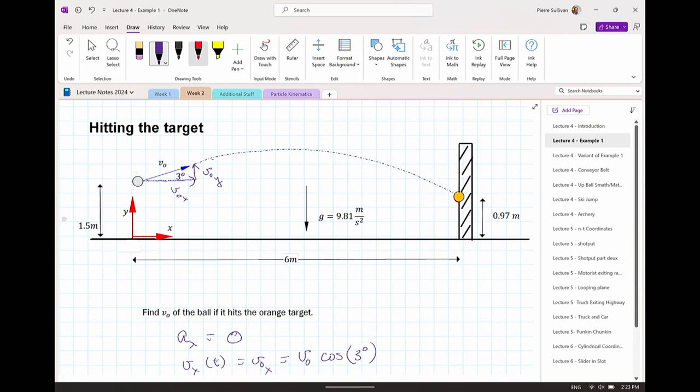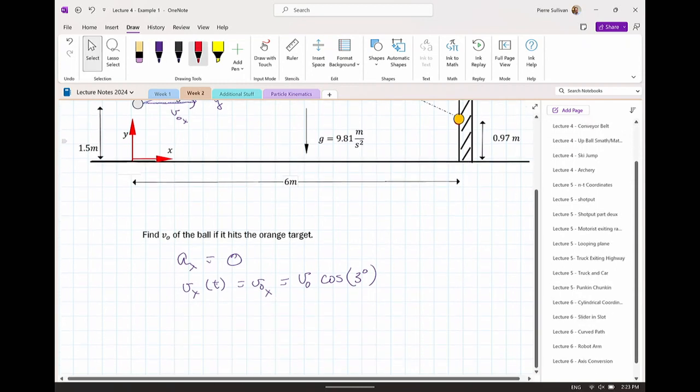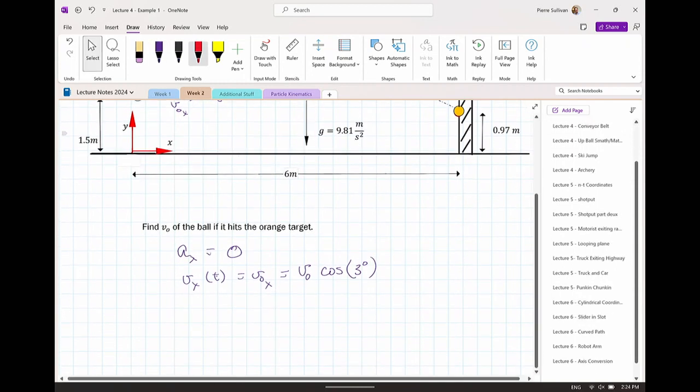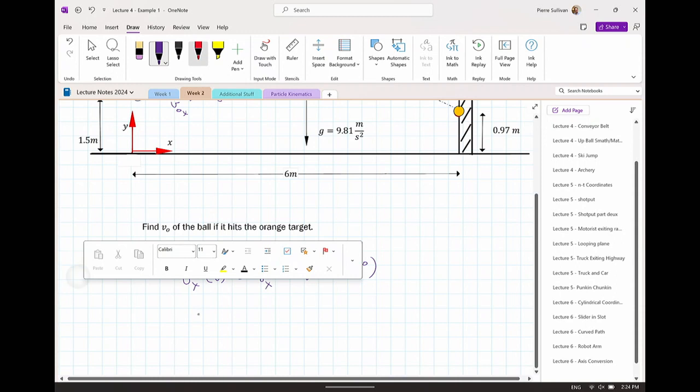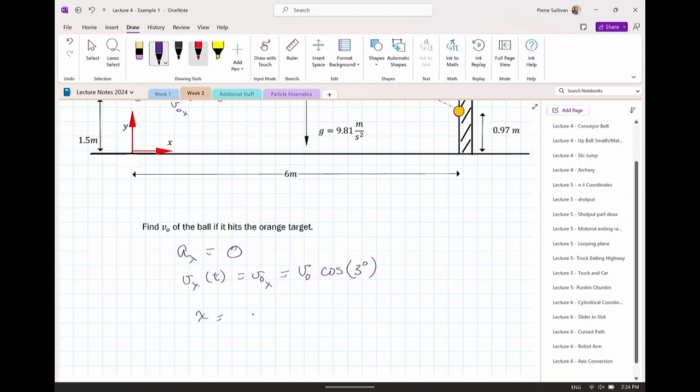I didn't highlight this before, but there's a distance of 6 meters from left to right. So x is equal to 6 meters, which equals x naught plus v naught x times time plus 1/2 ax t squared.